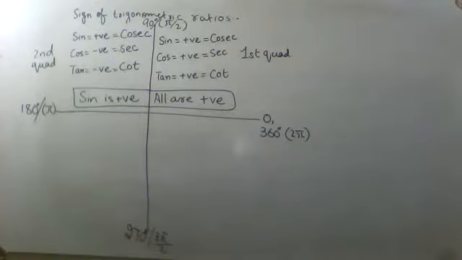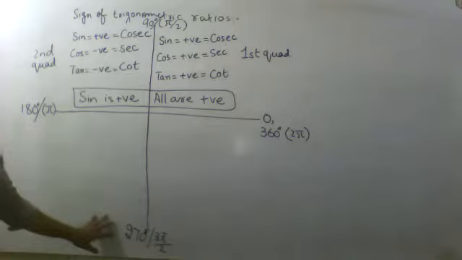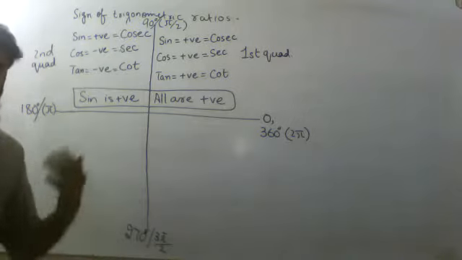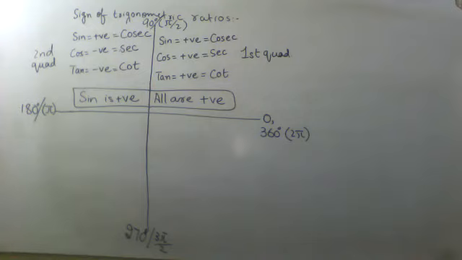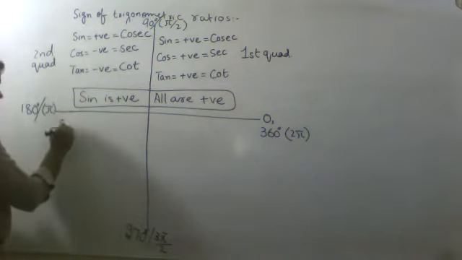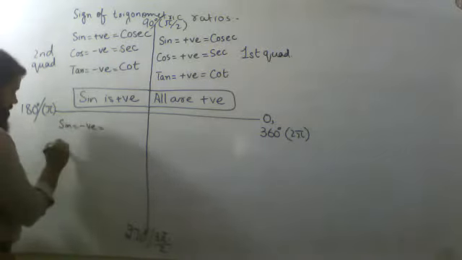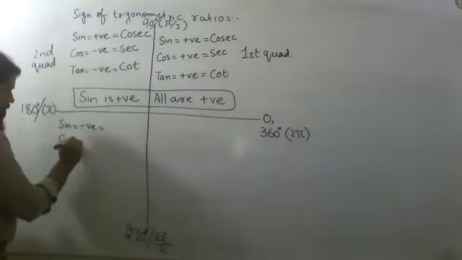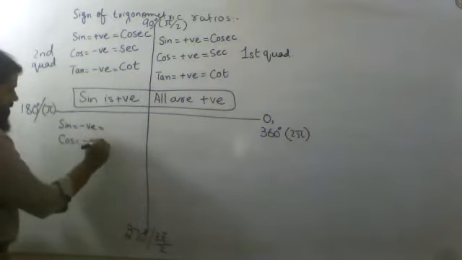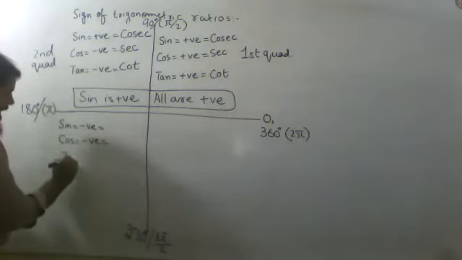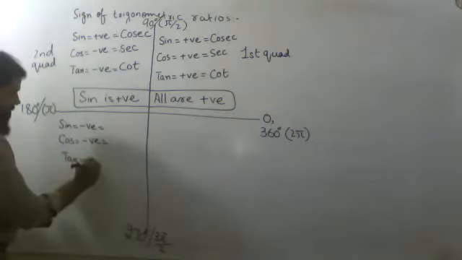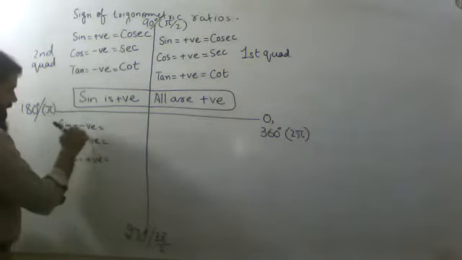Now, for the third quadrant, you can select any value between 180 to 270. You can check sine, cos, tangent, and their signs. When you do that, you can see that sine will be coming negative, cos will be negative, tan will be positive.